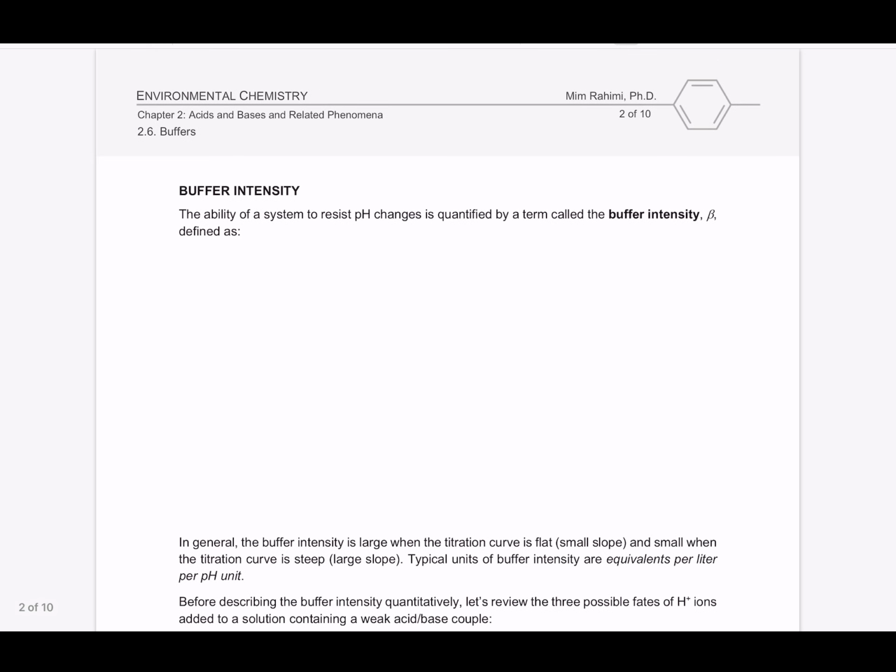So let's describe buffer intensity. That would be basically the whole lecture. We define this buffer intensity. The definition is pretty simple and intuitive: it's the change in base or acid divided by the change in pH.